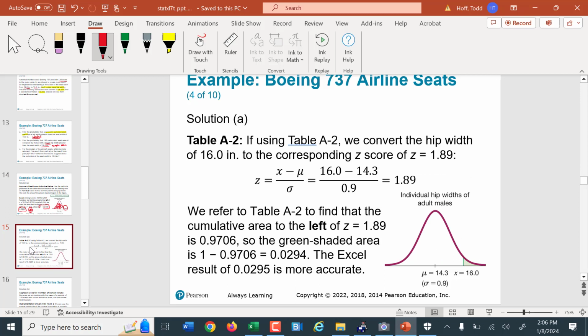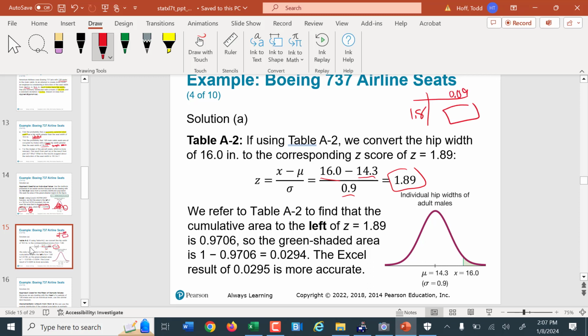If we wanted to use the table, we would have to do a z-score. We would take the 16 minus the mean of 14.3 and then divide that by 0.9, giving us a z-score of 1.89. Looking up in the table in the book, you would find 1.8 here, 0.09 up top.